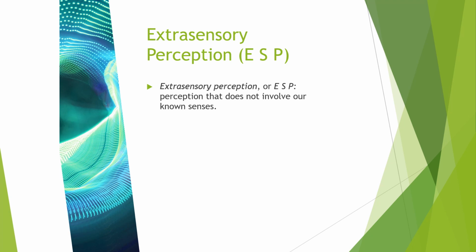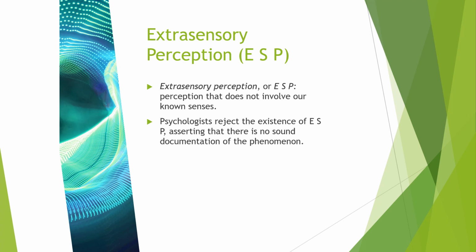So it does not involve your sense of smell or taste or vision or touch or hearing. It is outside of those senses. As psychologists, we reject the existence of ESP. There is no sound documentation of ESP actually being real and factual.